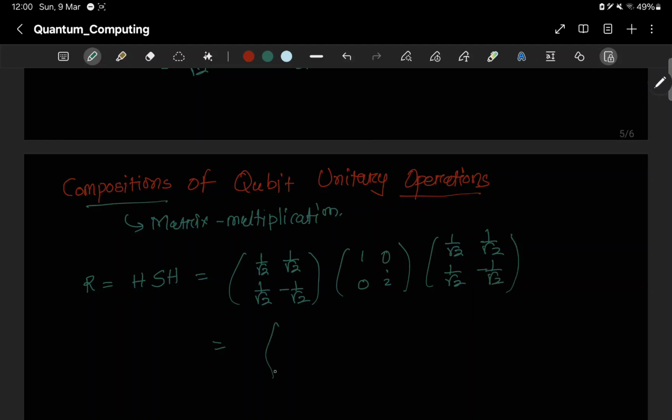If you multiply this, we'll see a matrix like (1 plus i)/2, (1 minus i)/2, (1 minus i)/2, (1 plus i)/2.